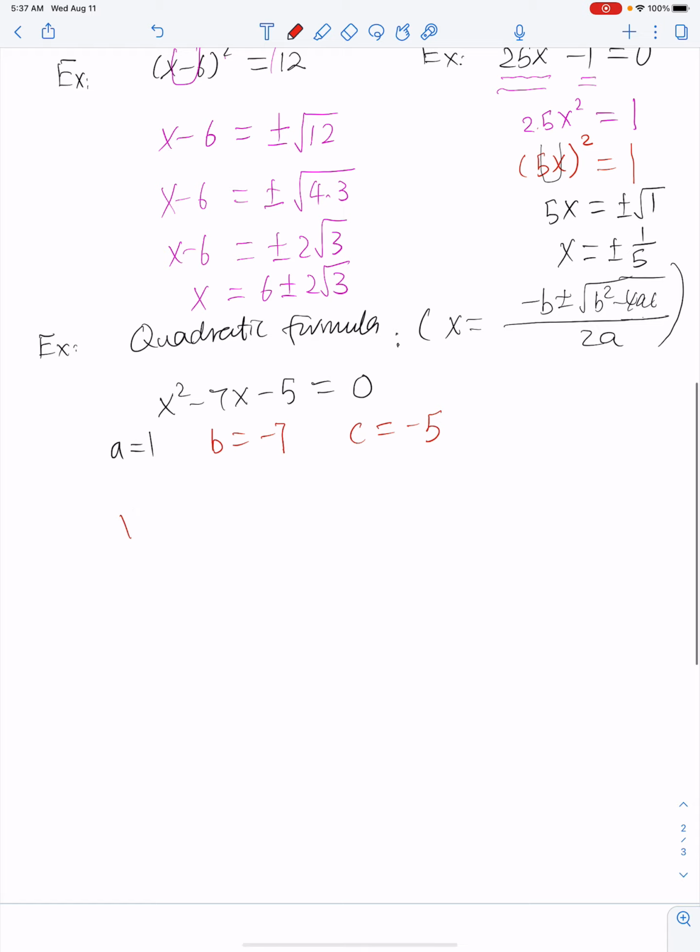So what will be x? Write down the formula first: x equals negative b plus or minus the square root of b squared minus 4ac, over 2a.